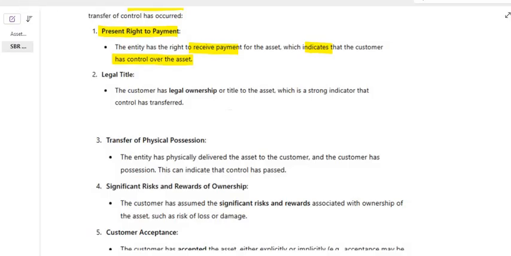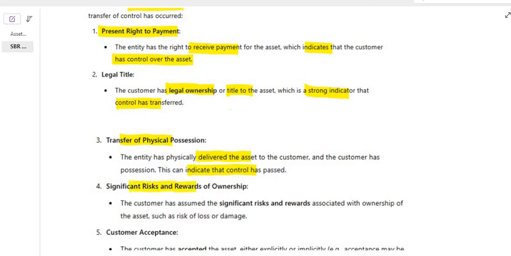Legal title means that the customer now has legal ownership or title of the asset, which is a strong indicator that control has transferred. Transfer of physical possession means that the asset is physically delivered to the customer, and now the customer has possession and control. So this also means that the control has been transferred.